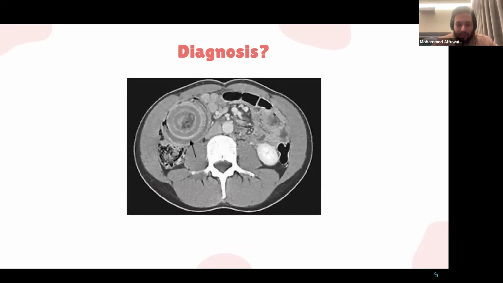How about this patient? What do they have? If you want a case, I'll give you one, but I want you guys to get it from the image. You need to memorize this image.